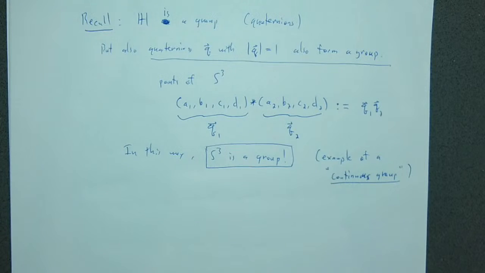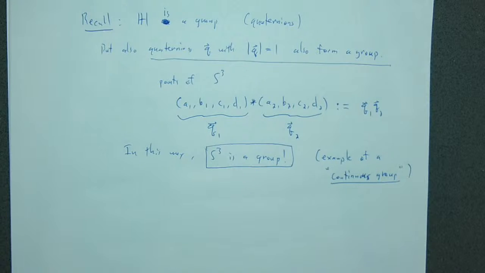And so it's continuous in the sense that I have points near one another, and if I have 2 points near one another, and I multiply them together, then their product is close to the original product. Rather, maybe I should phrase it like this.